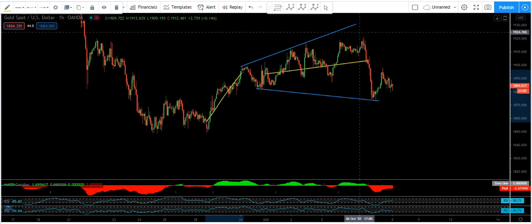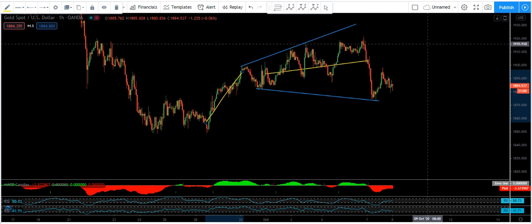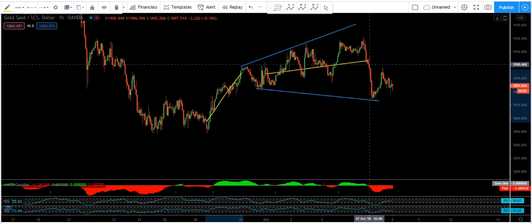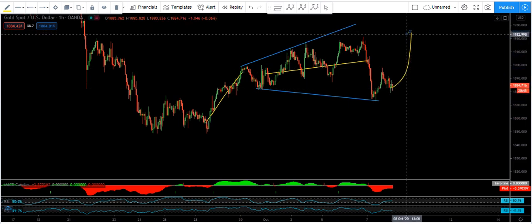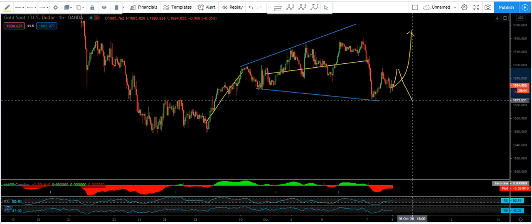Usually when we see this kind of structure, any of the options, the up move or down move, can happen. That gives us some kind of difficulty and confusion. Based on this, there is a possibility the price moves from here. Also there is a possibility it moves up, breaks the low, and this one becomes more expanding.